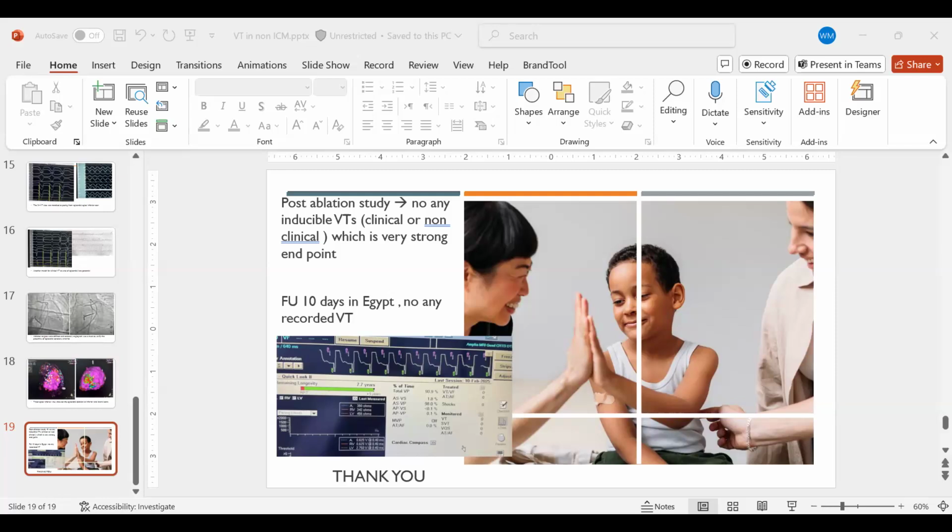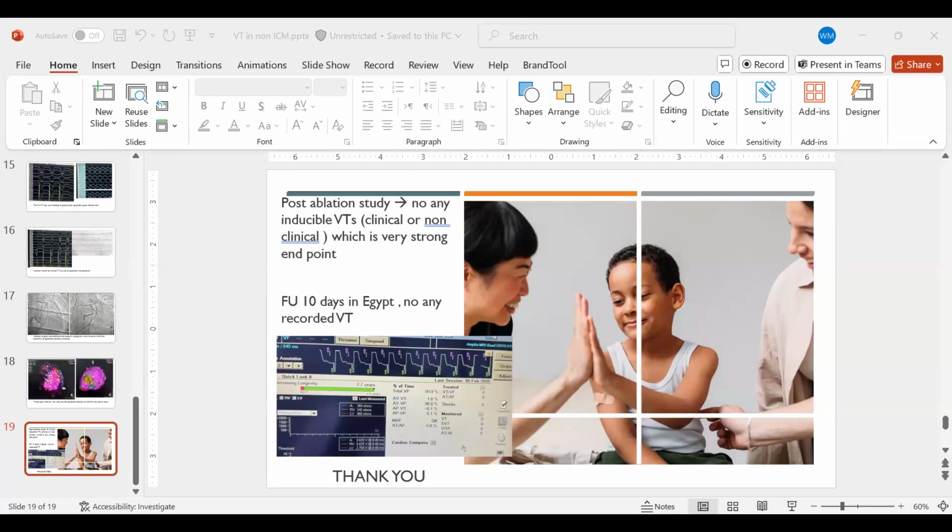But in general, in my cases, if I did an endocardial ablation and even gave 10,000 units of heparin and did a map for 2 or 3 hours, I am comfortable to do epicardial access without reversion of heparin.